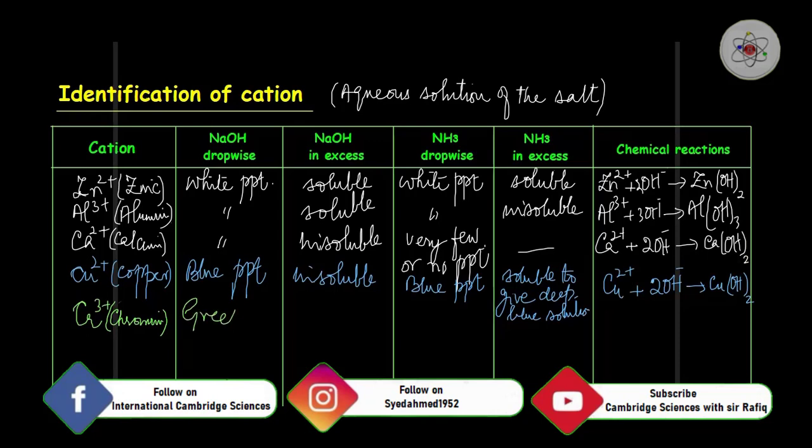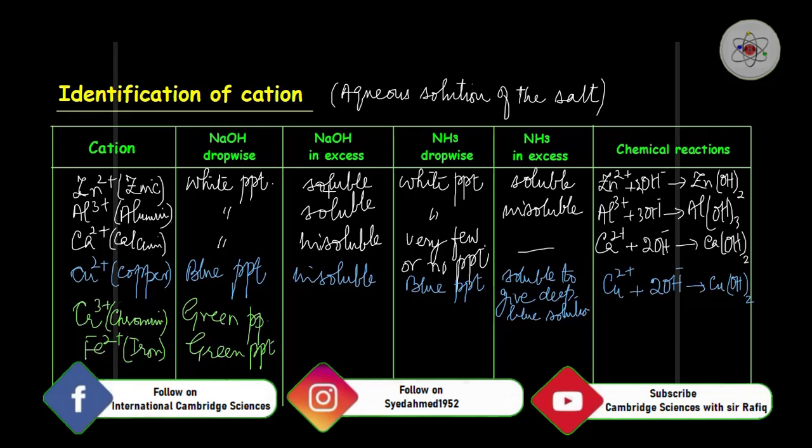Chromium gives a green precipitate. So we are adding chromium and Fe2+ (Rn2). They both give a green precipitate when we add sodium hydroxide dropwise.